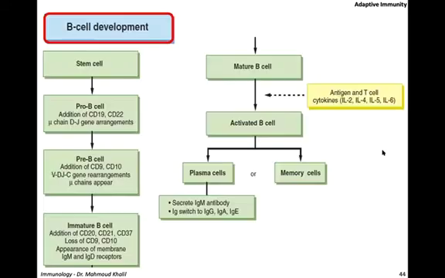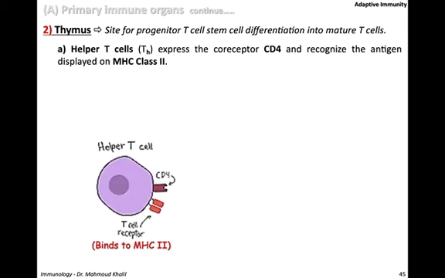The second primary immune organ is the thymus, which is the site for T cell stem cell differentiation into mature T cells. We can now differentiate between three major types of T cell. The helper T cell is characterized by the expression of the co-receptor CD4, together with the T cell receptor that binds to MHC class 2.